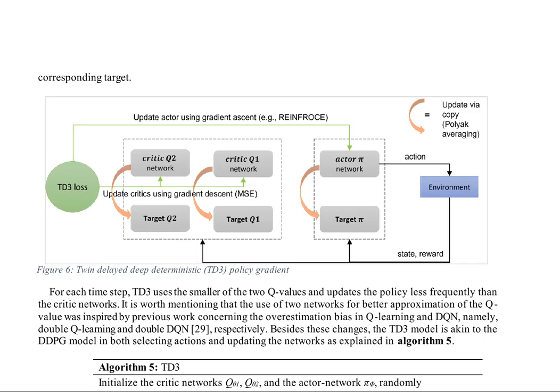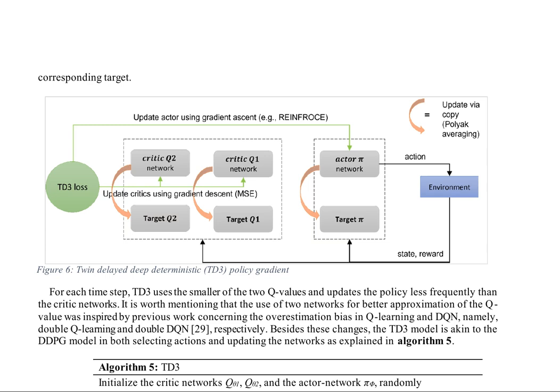The twin delayed deep deterministic (TD3) policy gradient algorithm is an extension of the deep deterministic policy gradient (DDPG) model, designed to address the overestimation bias in Q-learning and DQN. It utilizes two critic networks, Q-theta1 and Q-theta2, to approximate the Q-value, and an actor network phi for selecting actions.